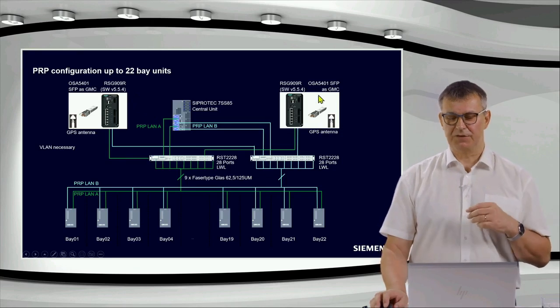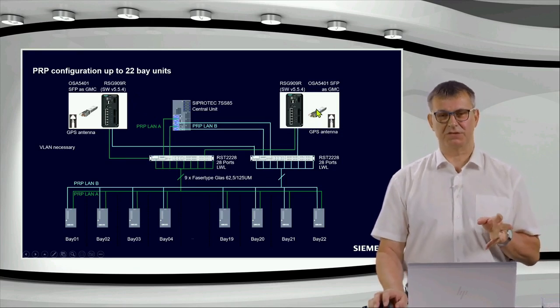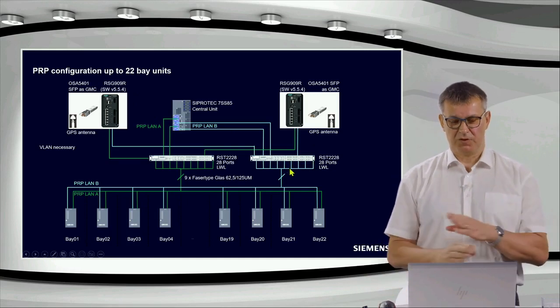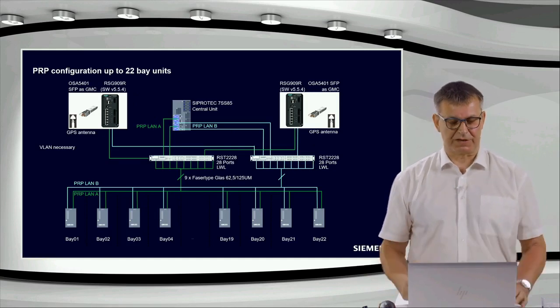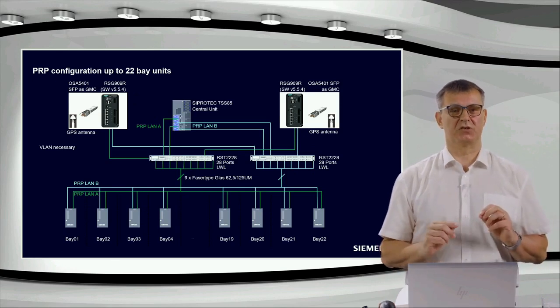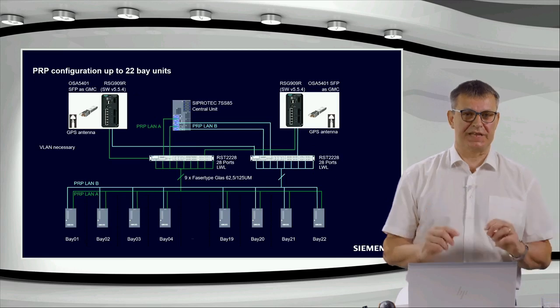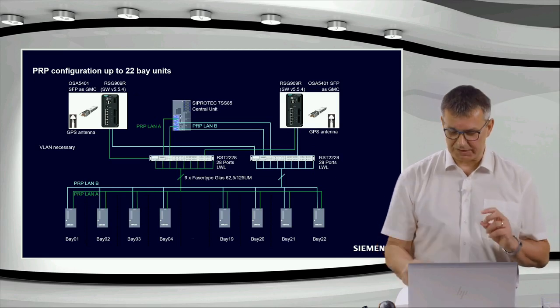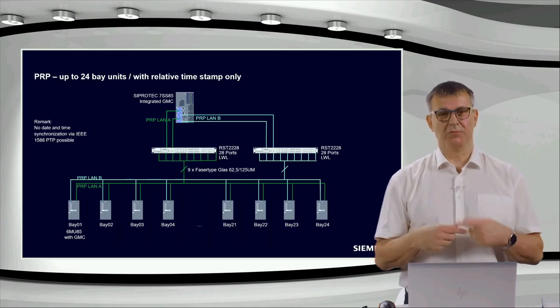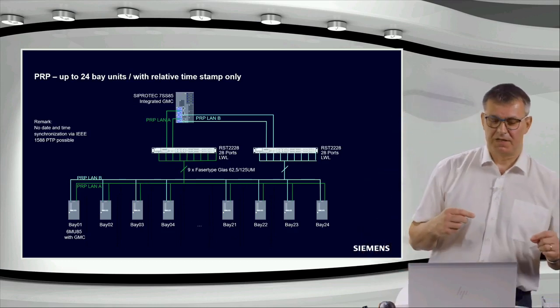So that in case we lose one of these grandmaster clocks, in case we lose one of the LANs, the switching will be possible without any loss of time. So here in this PRB configuration, the connection to a global time network is mandatory.